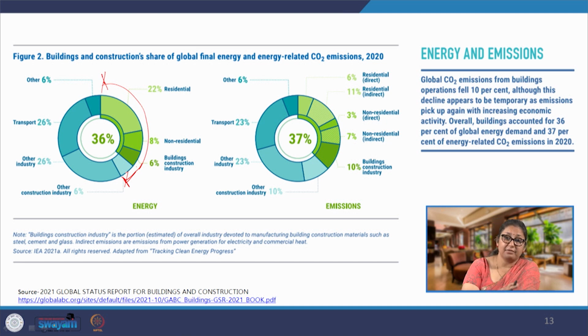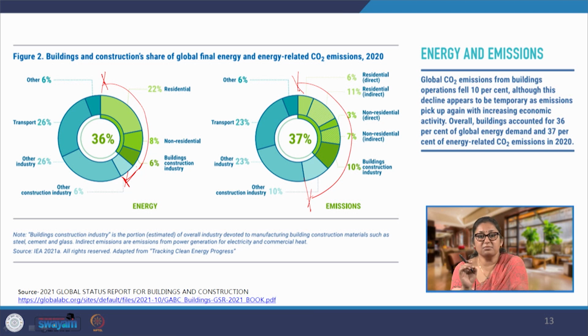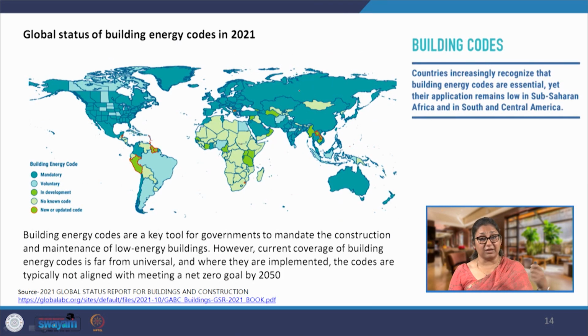So, a significant amount of energy is going into the buildings and construction industry, and thereby a direct relation to the emissions coming from this industry. This is a significant reason for us to consider the building and construction industry to reduce the emissions accruing from this entire industry. Irrespective of whether we are related with building or construction or not, we have to reduce.